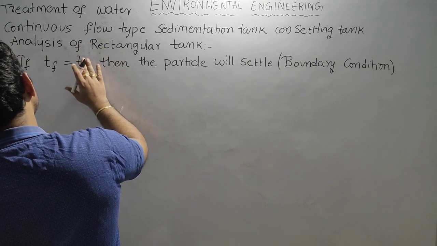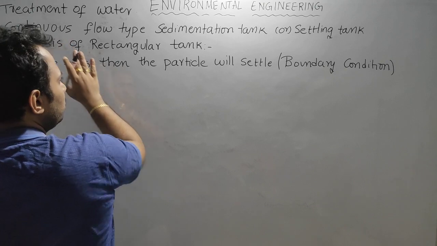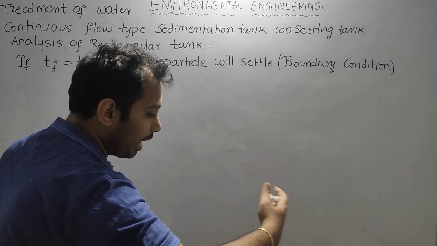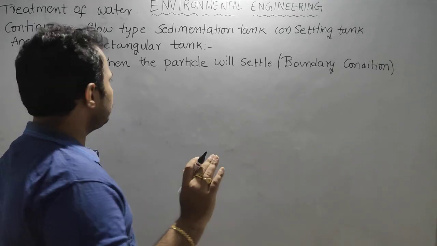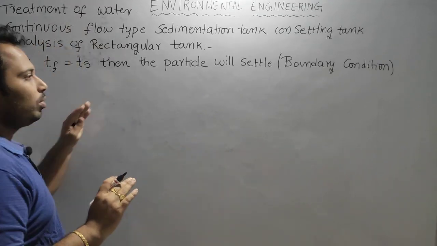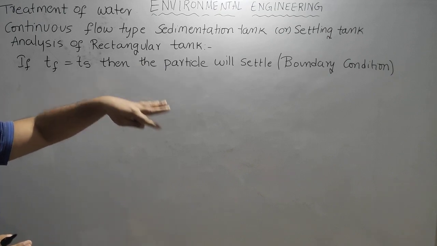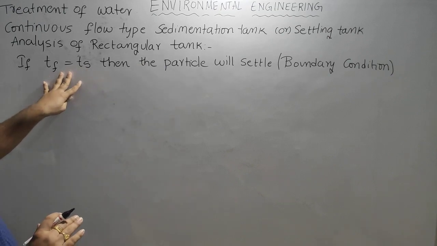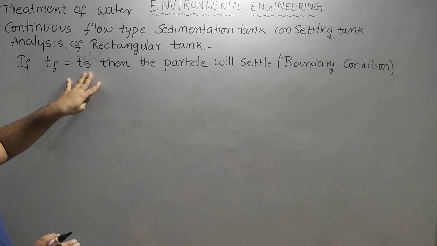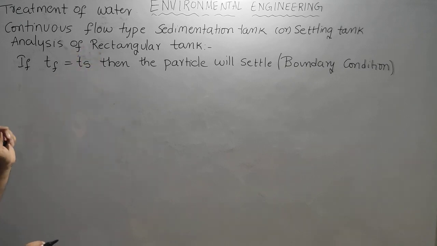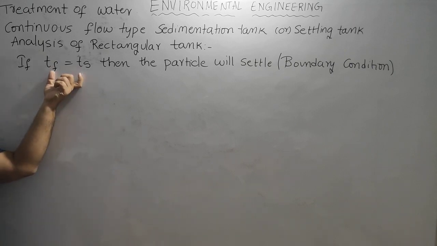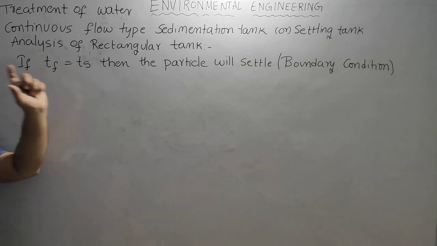If you slightly increase Tf, the particle will settle in advance. We will understand everything. Now you know why it is the boundary condition. If anything moves up and down, that changes the efficiency. At this point the particle will completely settle.